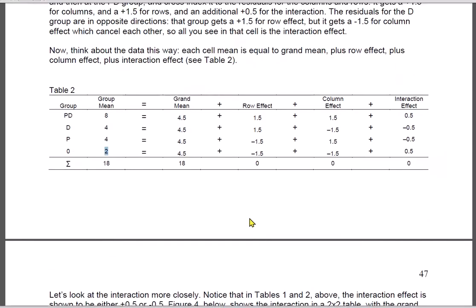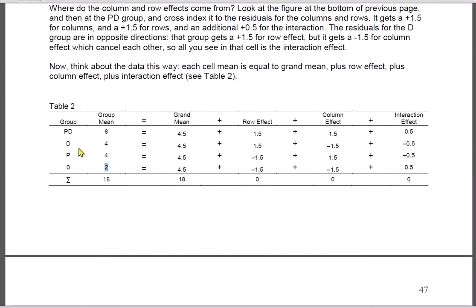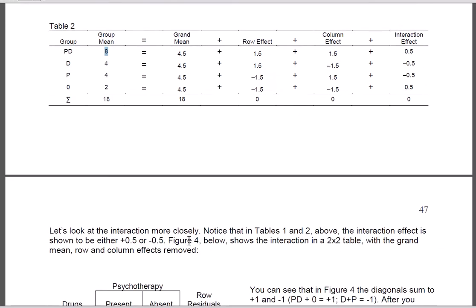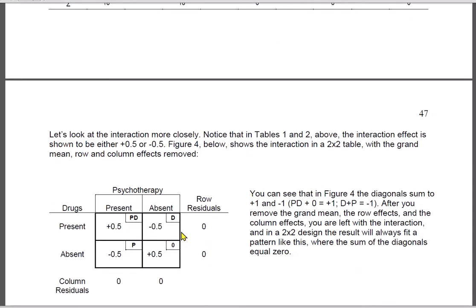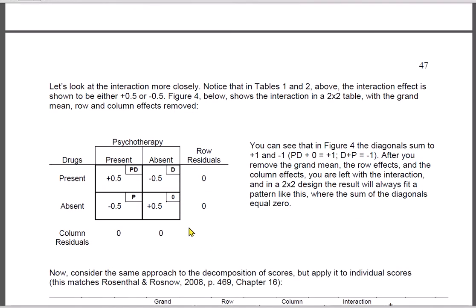Okay, so that's how we can think about the individual cell means. Each of these means is made up of these different parts: a baseline, a row effect, a column effect, and an interaction effect. And so we already kind of know that.